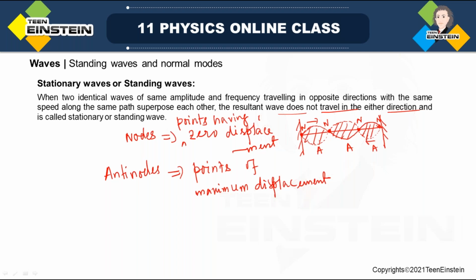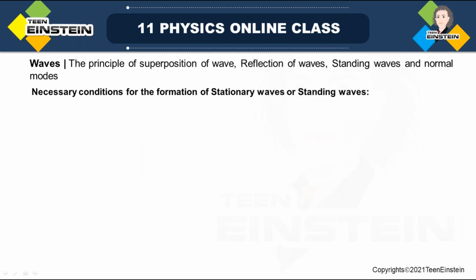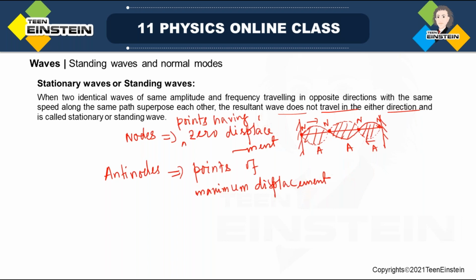All right. So when you see there are nodes and antinodes, then you can see this is actually the standing wave. So in the standing wave, let us go with the string itself.